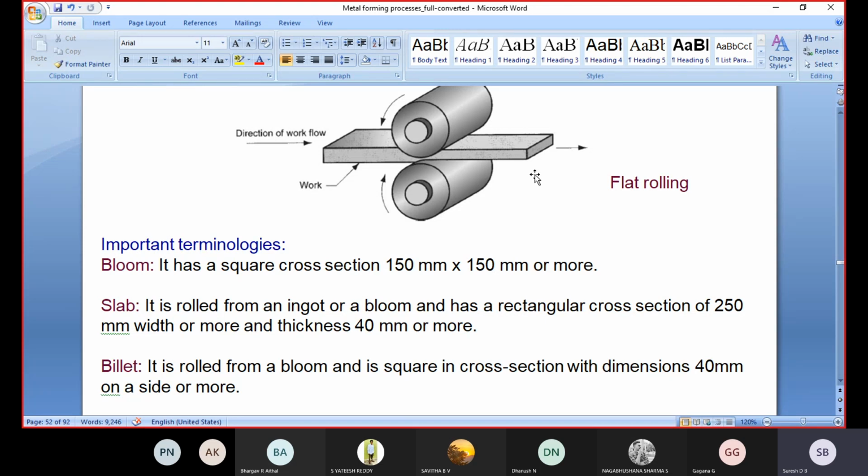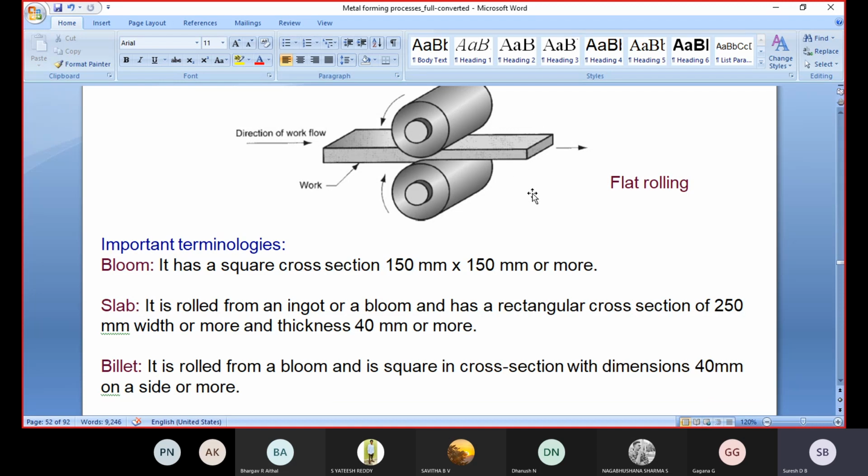All are introduced in between two rollers. Due to compressive force, the material is reduced in thickness. Either it is converted to a rectangular shape, which we call a slab, or sometimes it is converted to a billet, where the dimensions of both width and thickness are more than 40 mm.